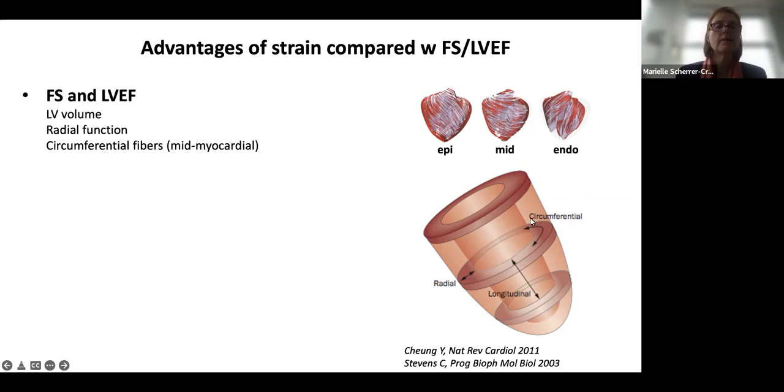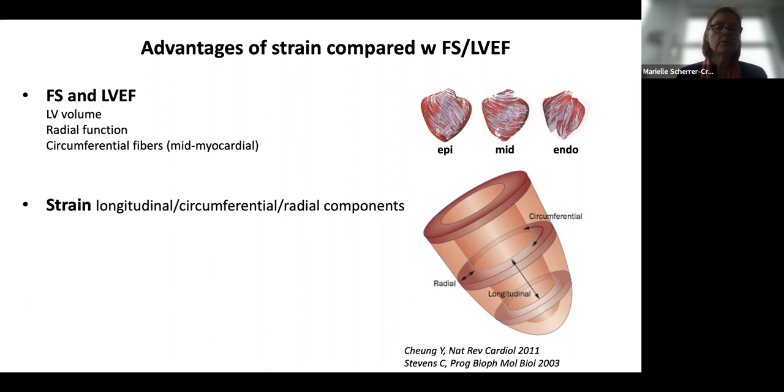Now, the fractional shortening, or LVEF, as you know, is a change in LV volume. The change in LV volume is very dependent on the radial function, with very little dependence on the longitudinal function. So the LVEF really reflects the radial function, which in turn is due mostly to the circumferential and mid-myocardial fibers.